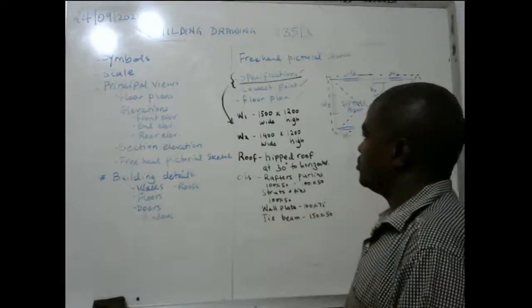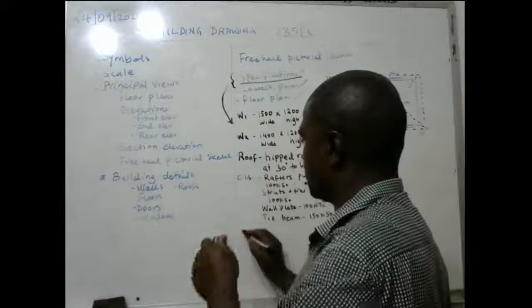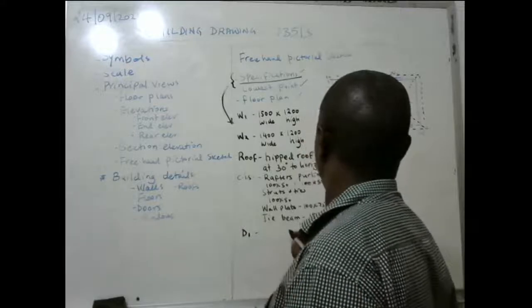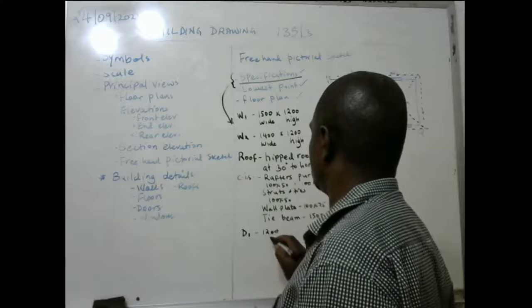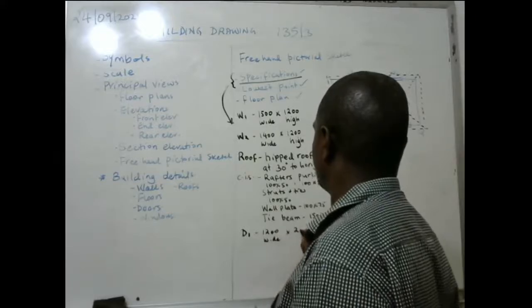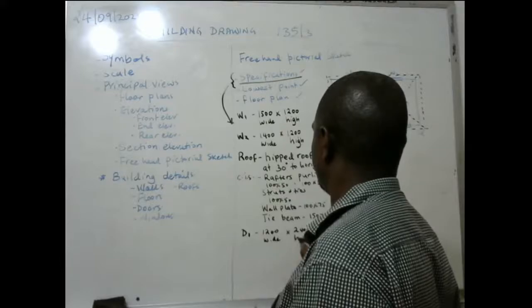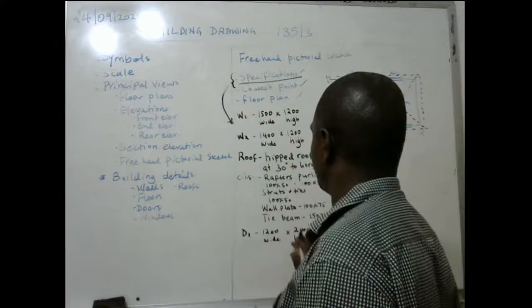There can also be more specifications about the door. In this case, door 1, they can tell you that maybe it is 1,200 wide by 2,400 high. That is one example.